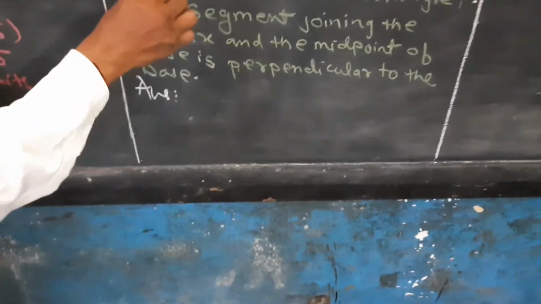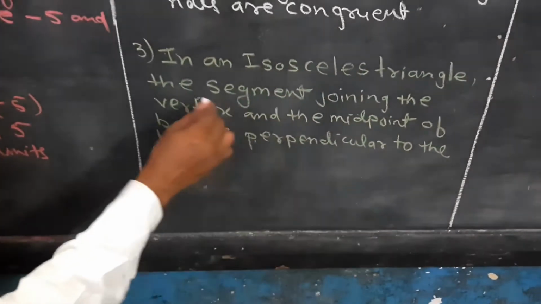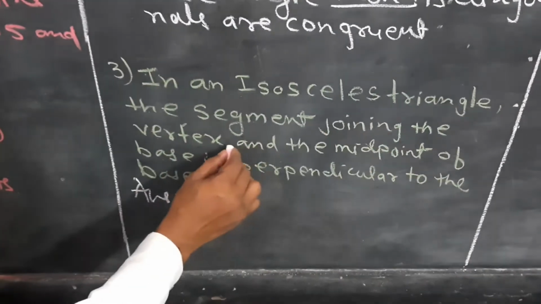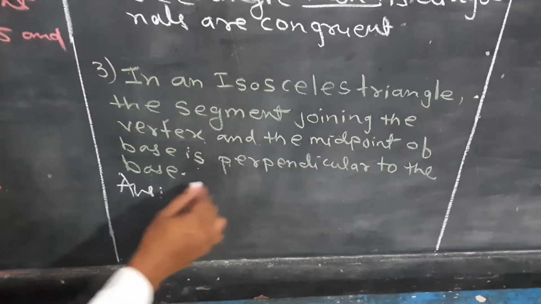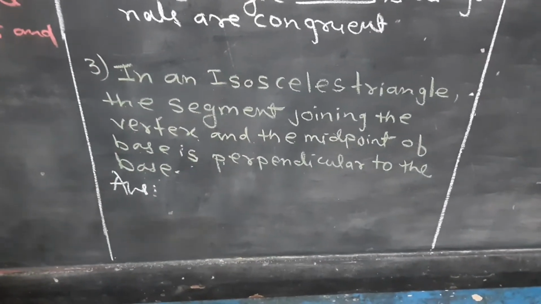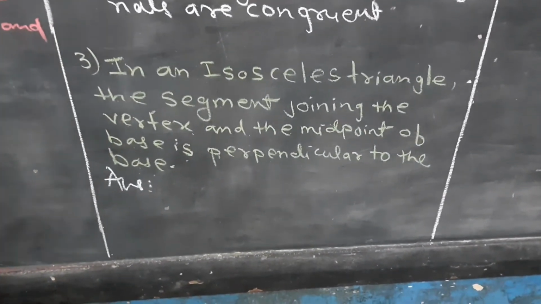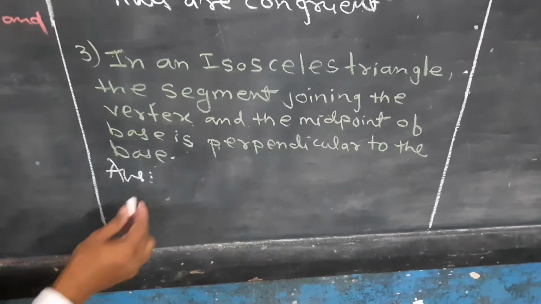Similarly, in an isosceles triangle, the segment joining the vertex and the midpoint of the base is perpendicular to the base. You have to write this sentence in if and then form, conditional form. It is very easy.